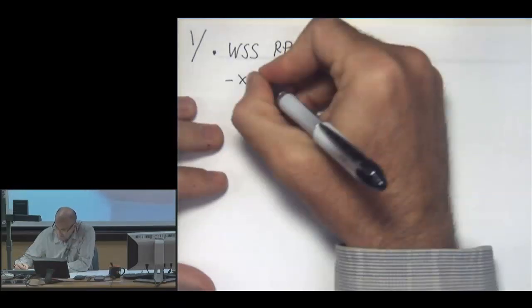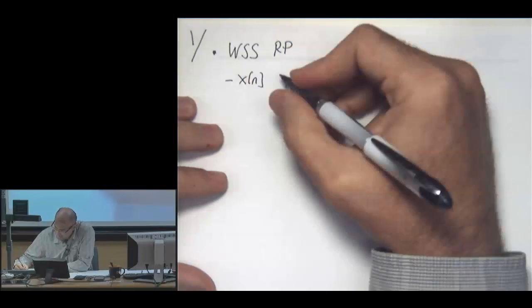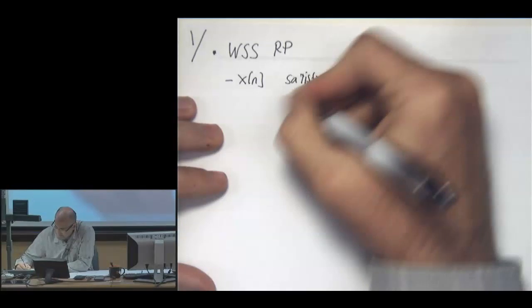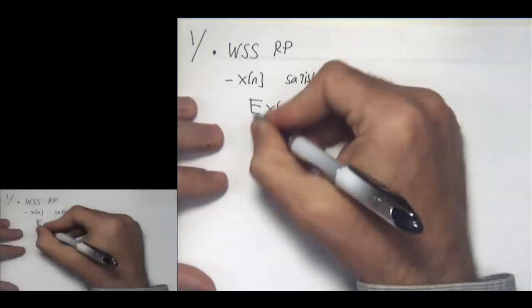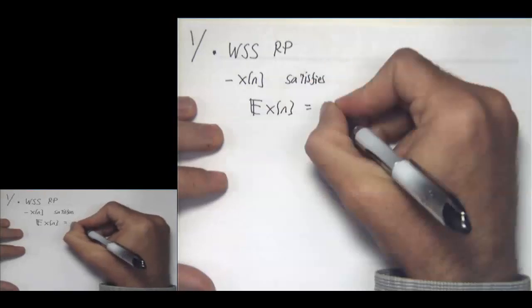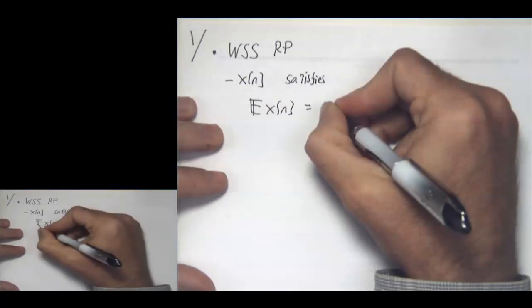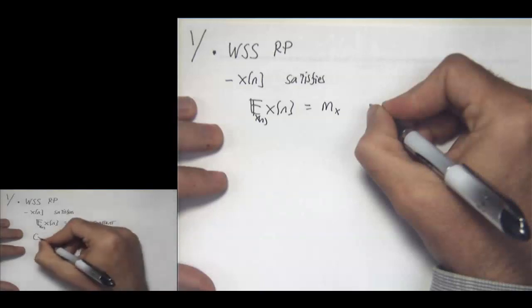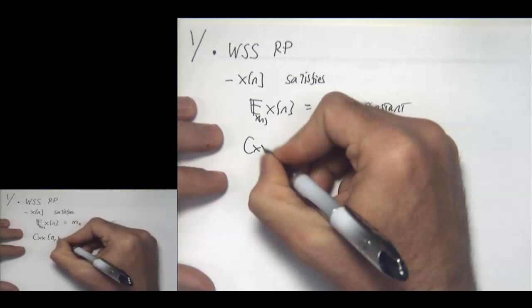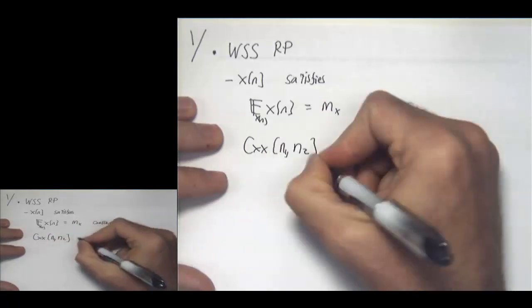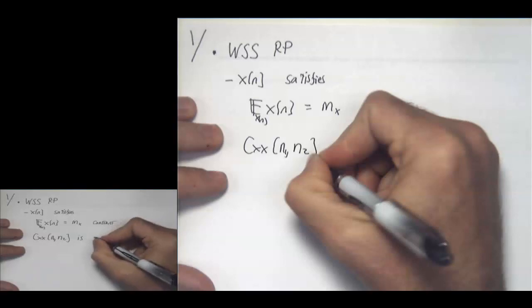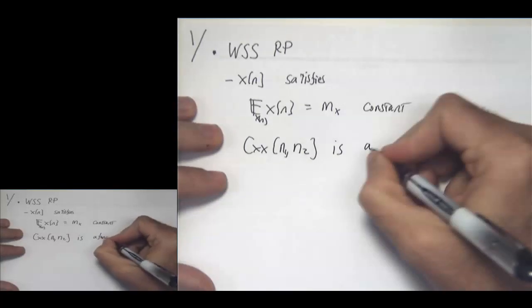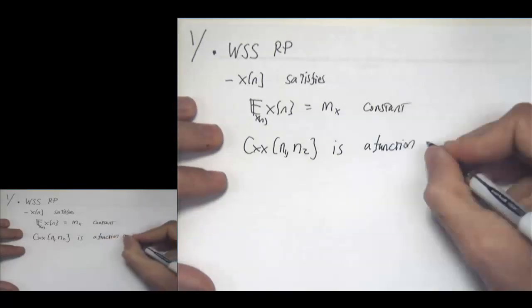We have a random process, a sequence x of n, that satisfies these two important properties: the mean of x of n is a constant, and the correlation function, or equivalently the correlation, is a function of the difference n2 minus n1.